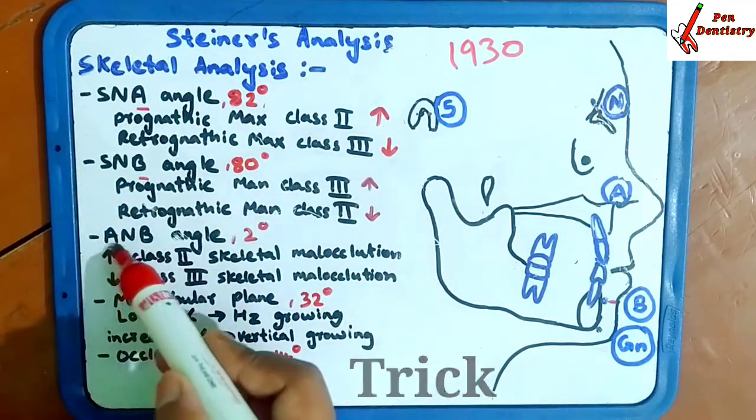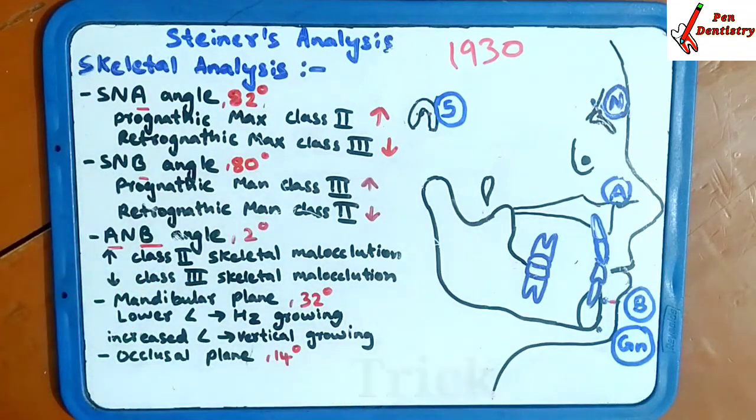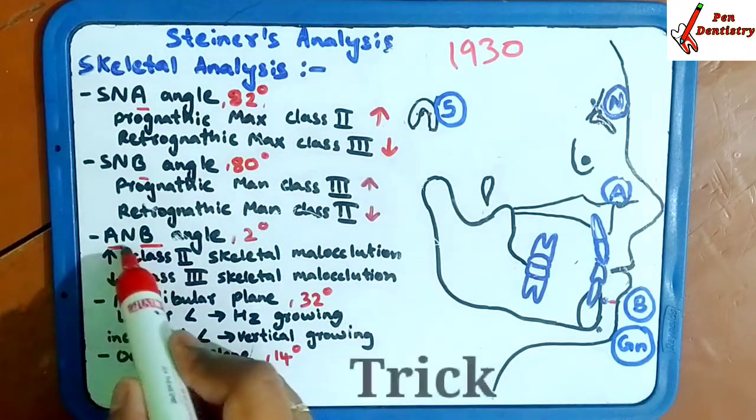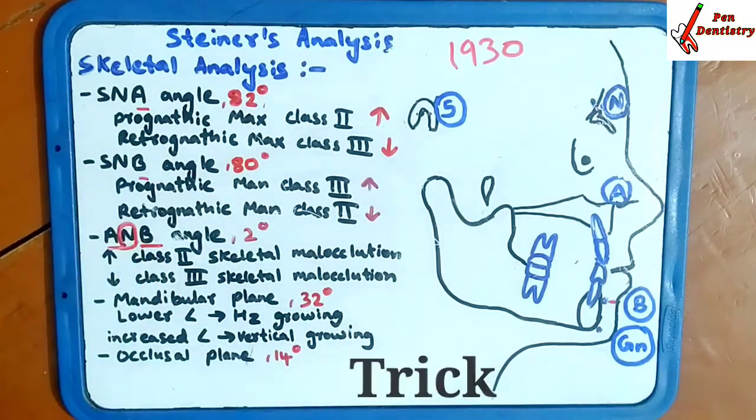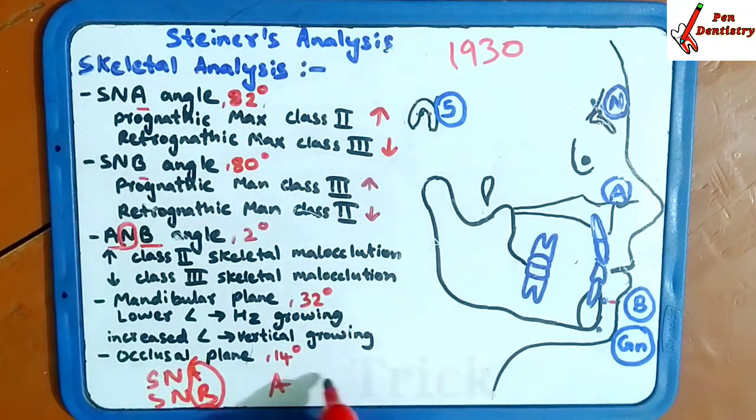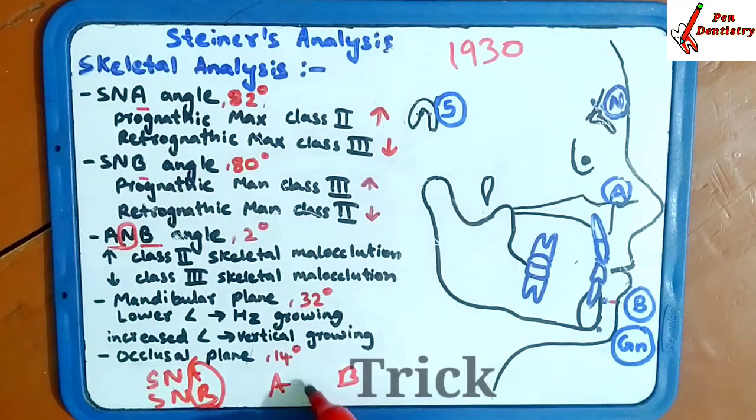As you can see, N is the common point, so N will be in the middle. The third angle that is made is the ANB angle.